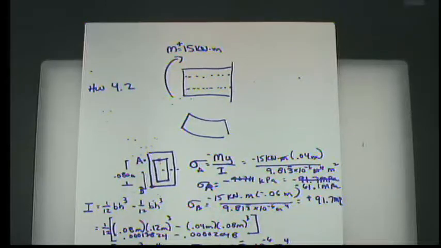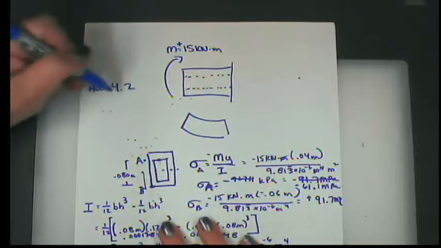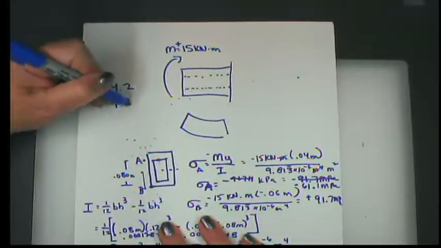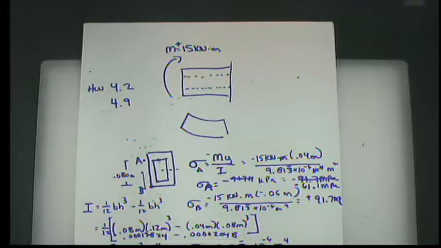They really get into the non-symmetric things really quickly. So also do 4.9, but please start 4.9, and if you have trouble with the moment of inertia, let's work on that when we come back to class on Wednesday.